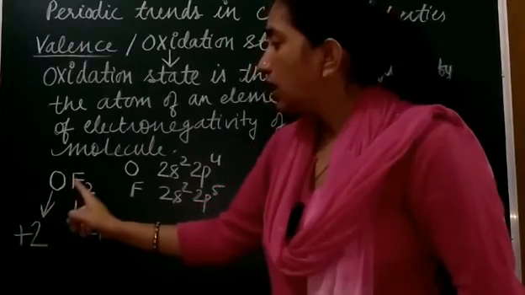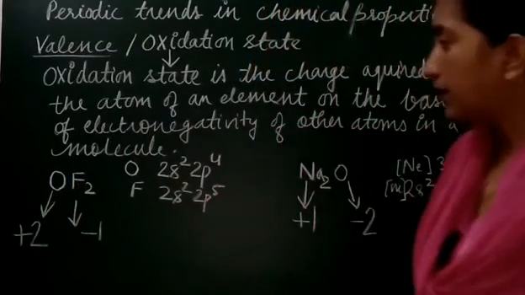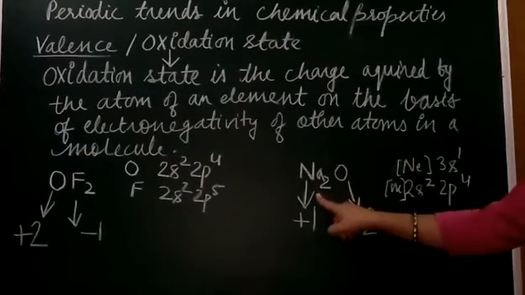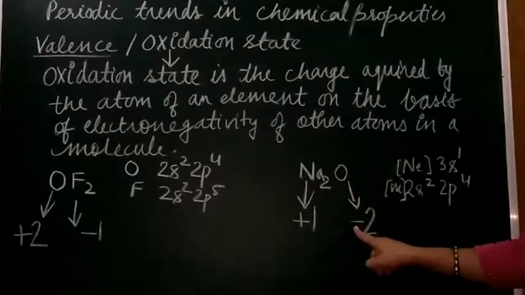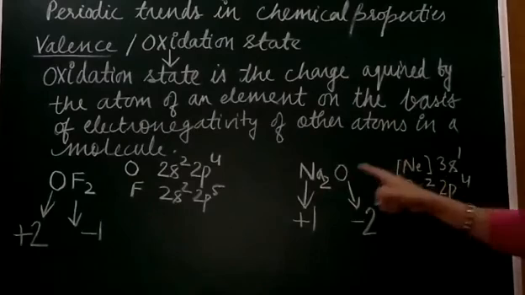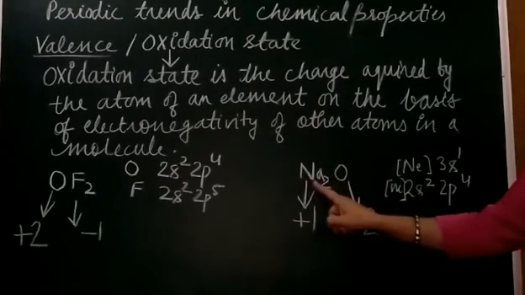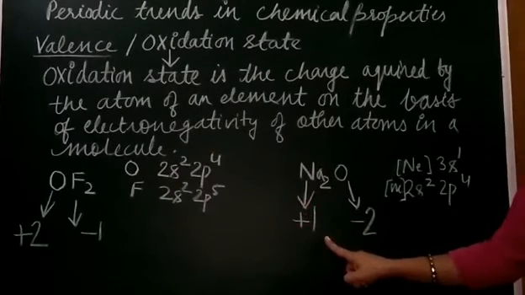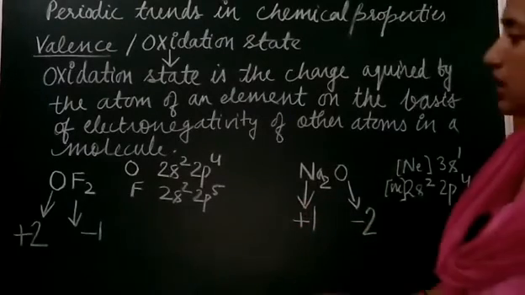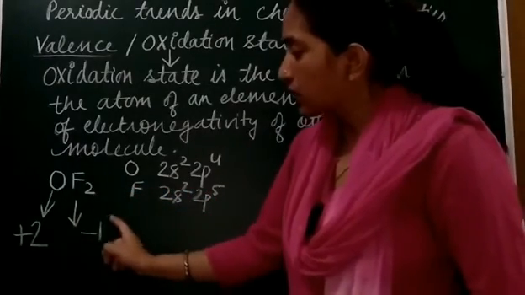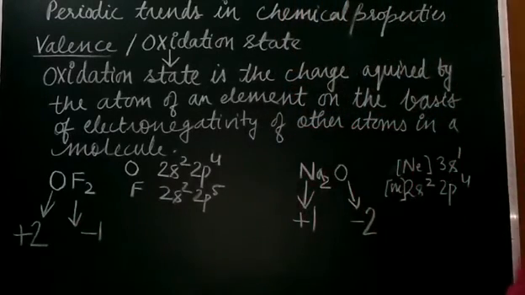Because it was bonded to the more electronegative element, fluorine, and in this case it is bonded to the electropositive element. So with respect to it, it is going to get the negative charge, right? And each sodium atom is going to lose one electron to the oxygen atom, so per atom it is +1, right students? And in this case, for fluorine, per atom it is -1. So this is about the oxidation state, right?